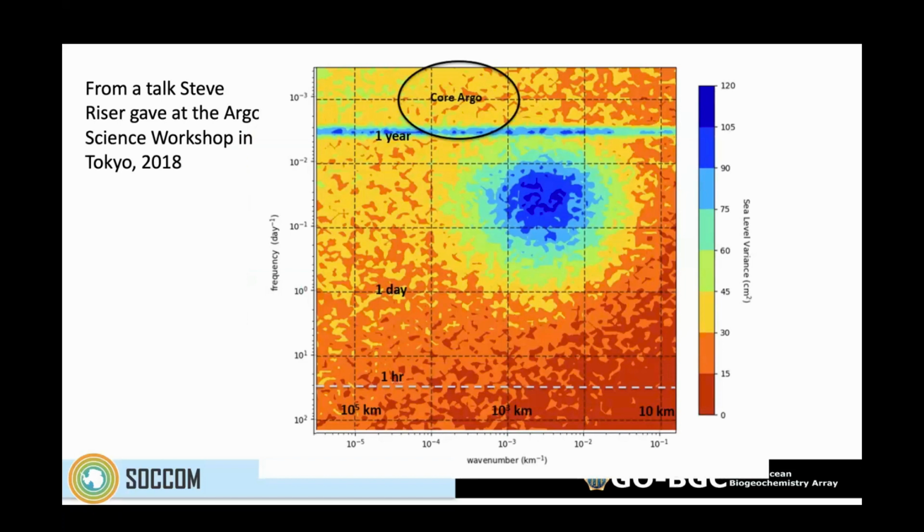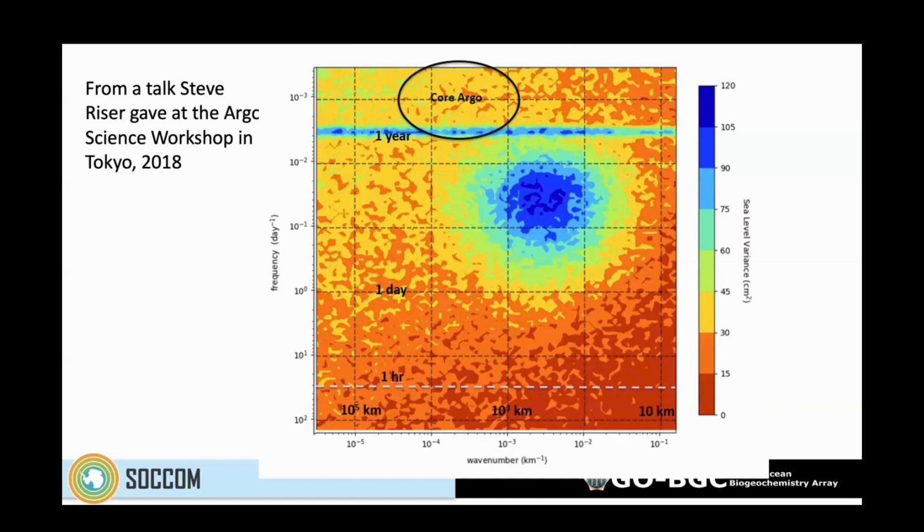So for signals that are 1 year, you see the annual cycle in that blue line up there. That's the annual cycle of this winter summer sea surface variance. 1 day is down here, and 1 hour down here, and 10 kilometers, 1,000 kilometers, all the way around the world.